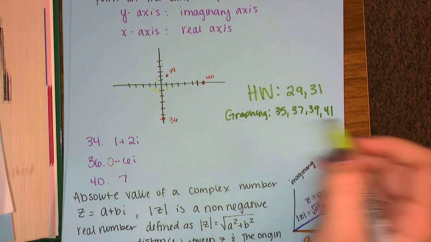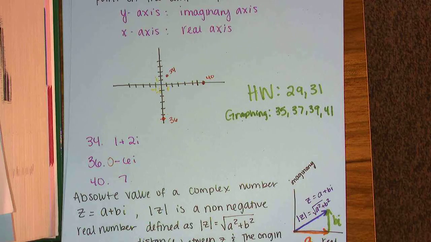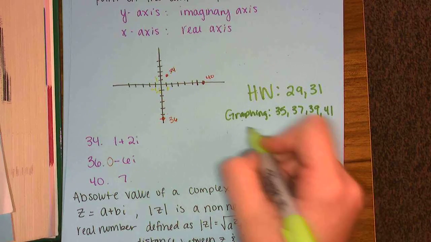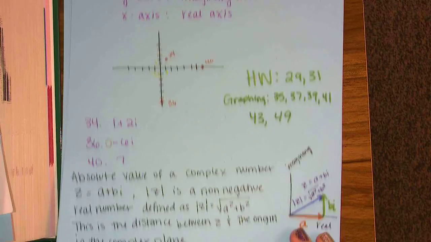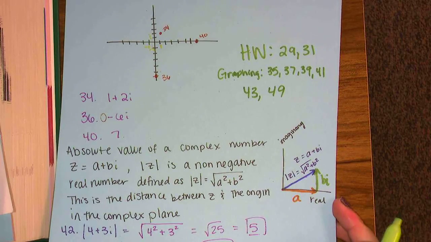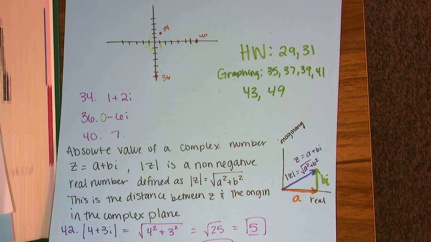Because those are all going on the same thing, so it's literally just one problem. And then 43 and 49 for the absolute value ones, like these down here. You have the rest of class to do that. So use your time wisely.